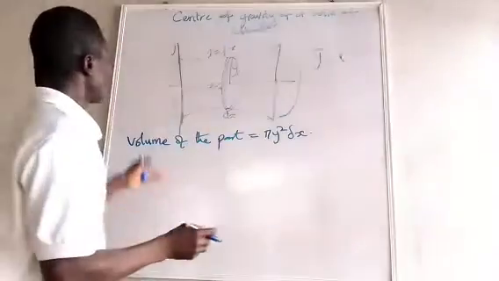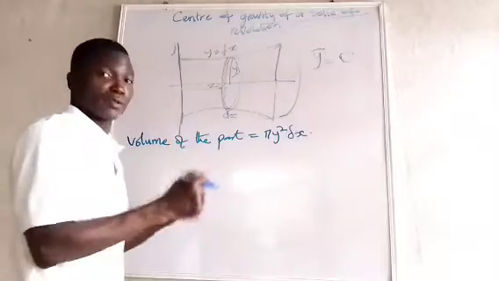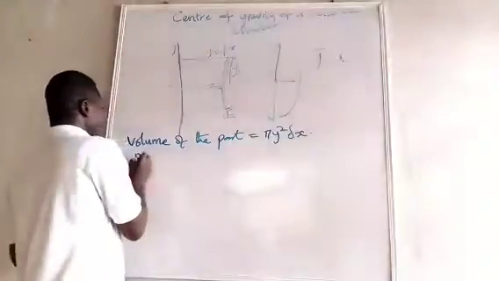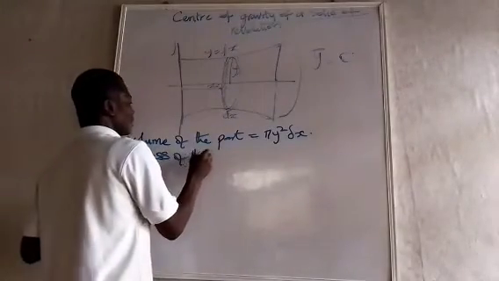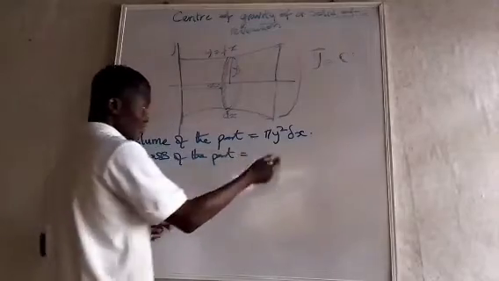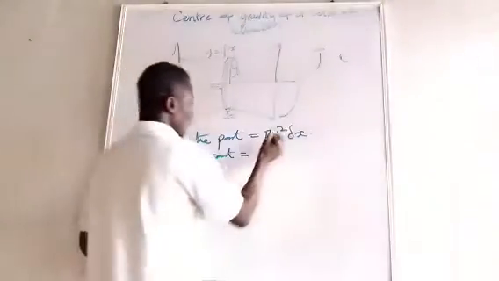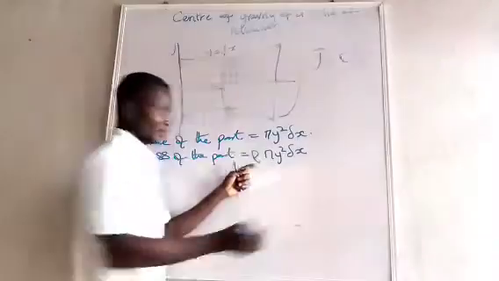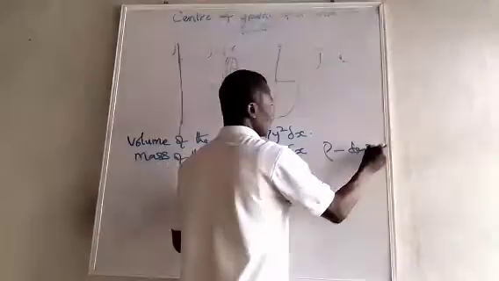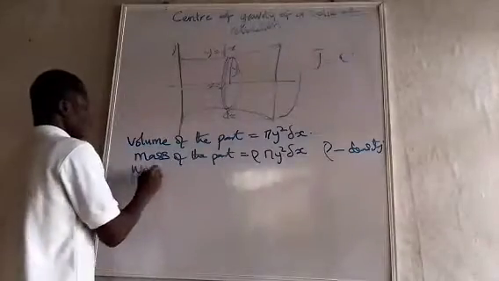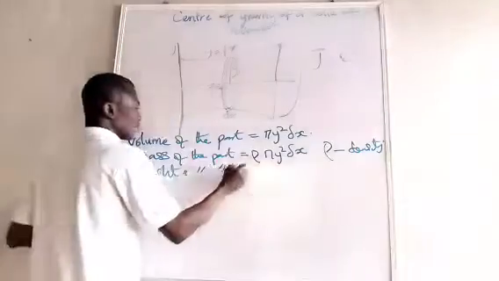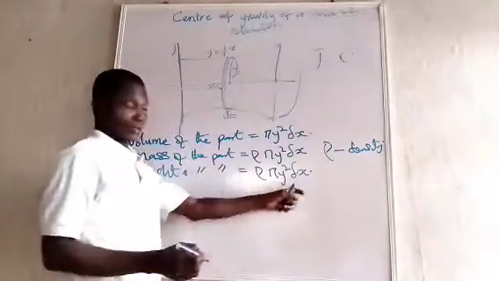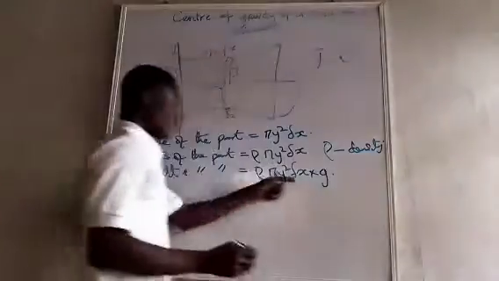Because we're talking about something of tangible size, we can also talk about the density. So the mass of the part is equal to rho pi y squared delta x, where rho is the density. The weight of the part is rho pi y squared delta x times g. So we have gotten that.